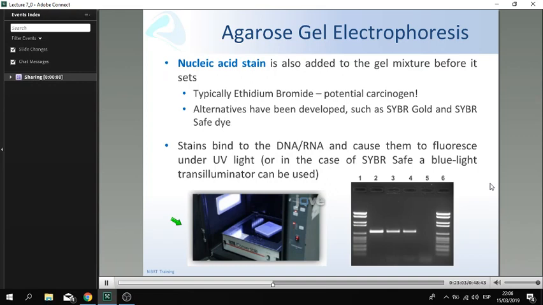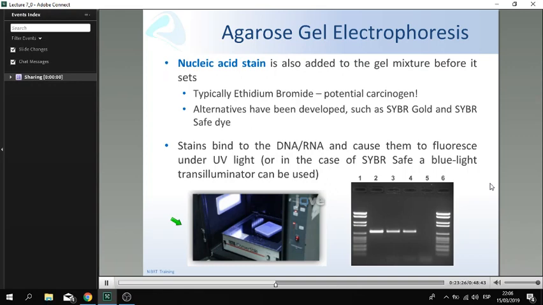Typically, ethidium bromide was used, but ethidium bromide is potentially carcinogenic. So now, wherever you can, you try to use alternatives. Alternative dyes have been developed that bind to DNA and RNA specifically, things like SYBR Gold or SYBR Safe dyes, which are commercially available.